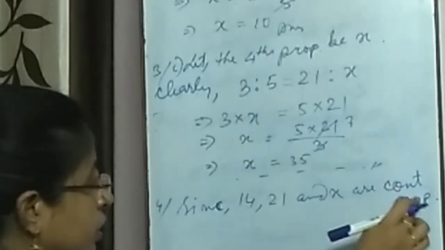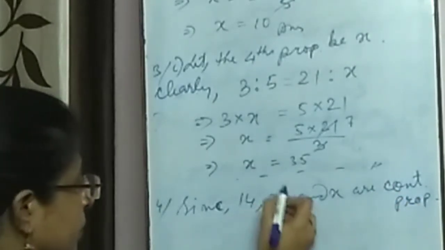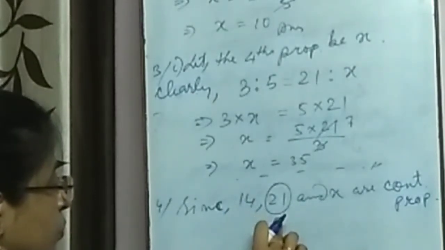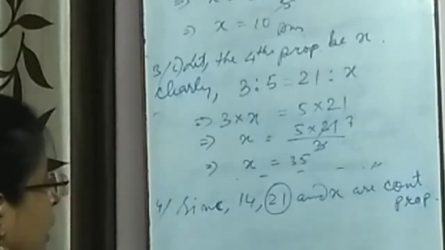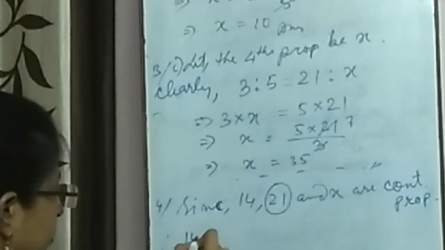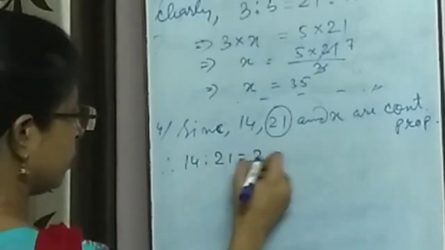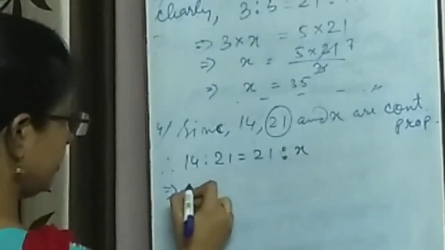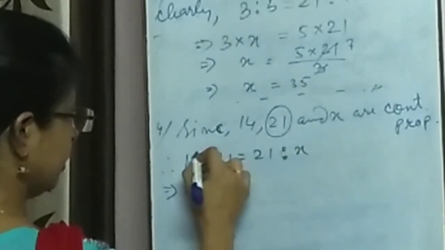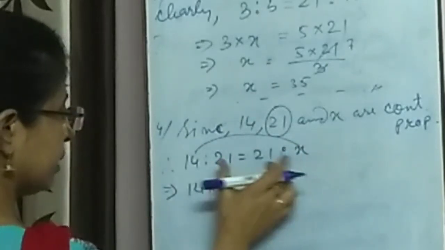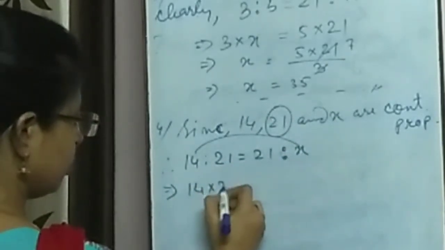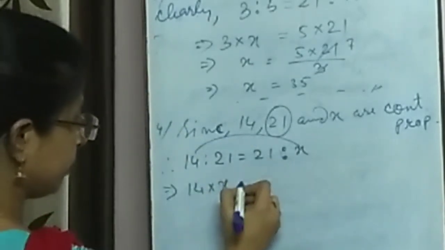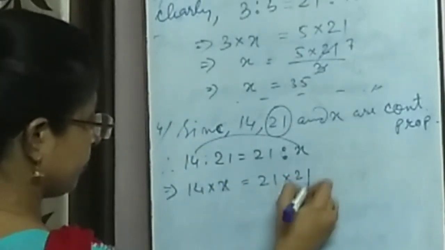It is said that it is a continued proportion, so the middle term will get repeated 2 times. Like 14:21 is equal to 21:x. Therefore what we get? 14:21 is equal to 21:x. Wherever you see the x, multiply that first to keep it on the left hand side, otherwise again you will have one more step.